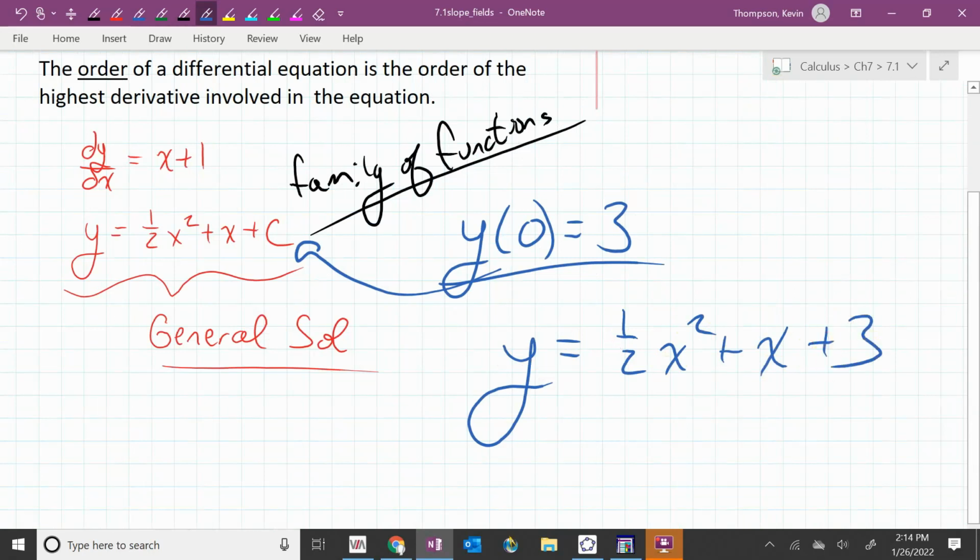Plus 3, yeah. So remember, this is a point. That's the x value, that's the y value. We're going to substitute, etc. Done.